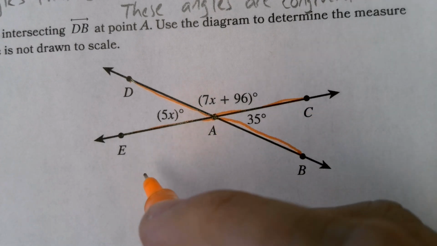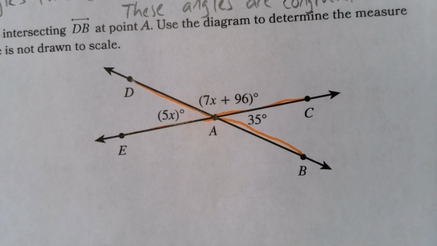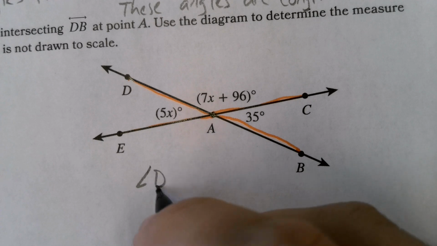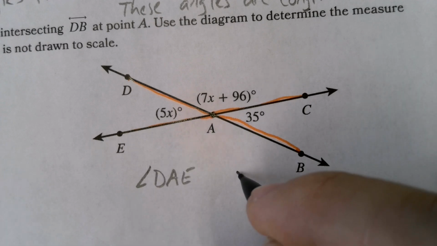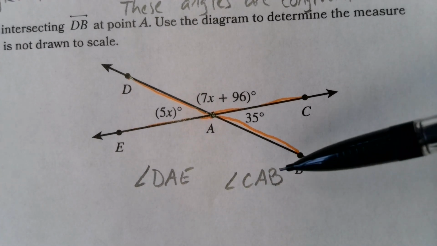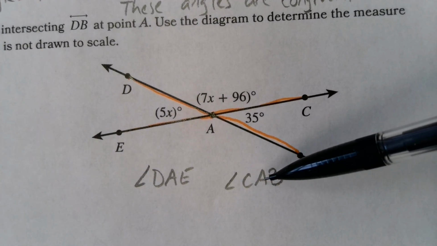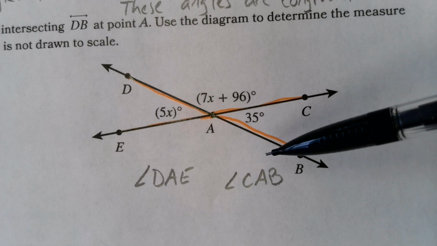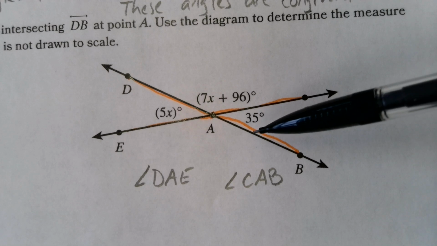If I write this out, angle DAE and angle CAB, the only thing they share in common is that middle point. That's the vertex. That is how you know that you have vertical angles.